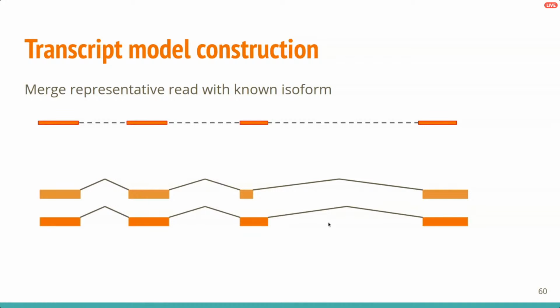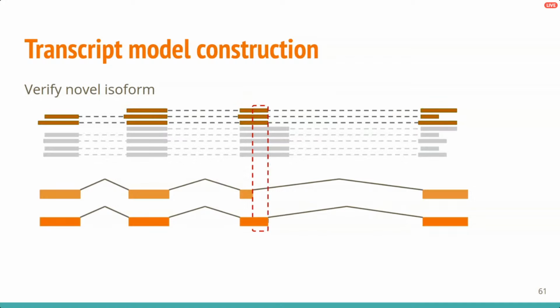Then we go back to this read group and see which reads support our novel isoform. And it appears that only the first 3 reads support this modification, and the rest, which I colored gray, do not. So we throw away the first 3 reads.